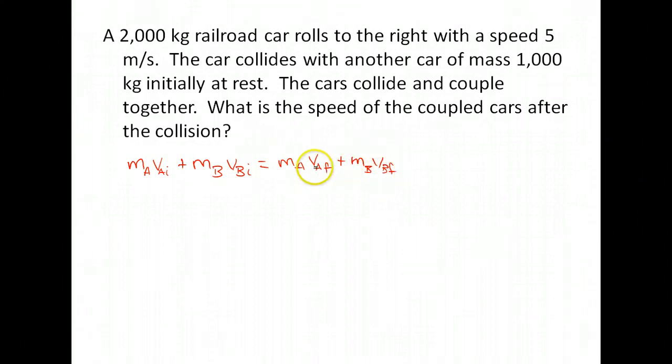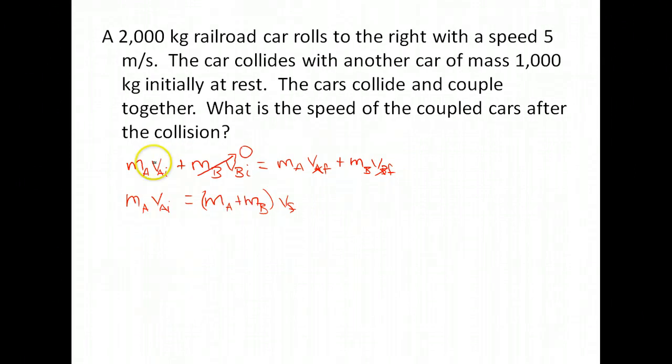What's going to happen is, since they're stuck together, object A and B are going to have the same final velocity, so we can get rid of that and actually combine them together. So what I did here was, this term completely cancels out, it goes to 0, and so I got rid of it.